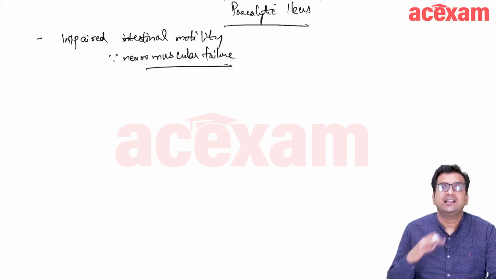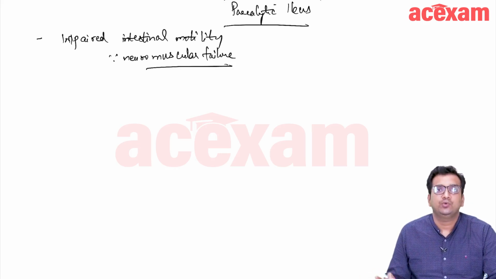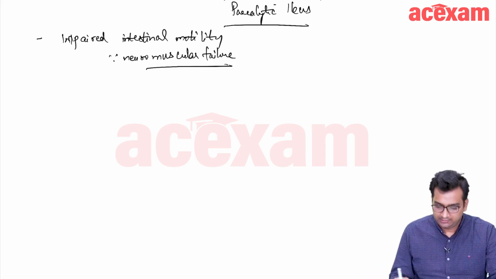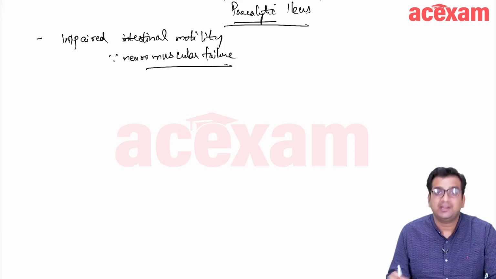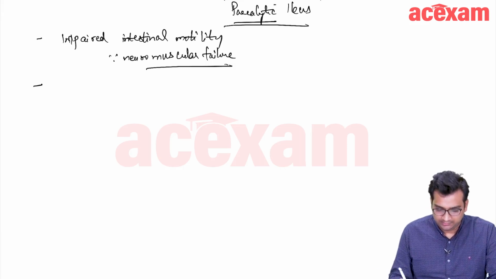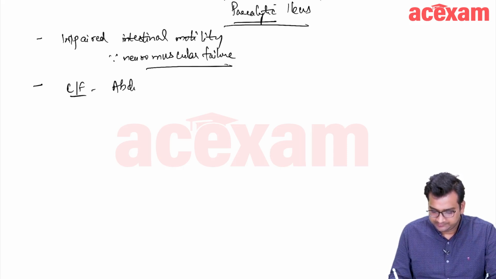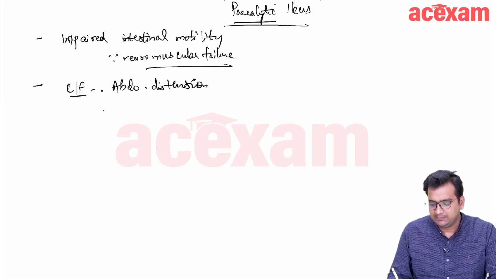Okay, so the peristaltic wave is not going due to some neuromuscular failure. As the name suggests, paralytic, so there is some paralysis. Now, the patient presents with abdominal distension, and on clinical examination there are absent bowel sounds.